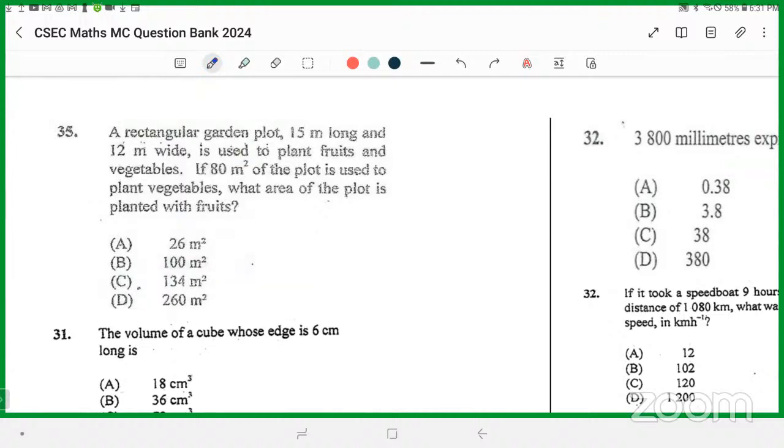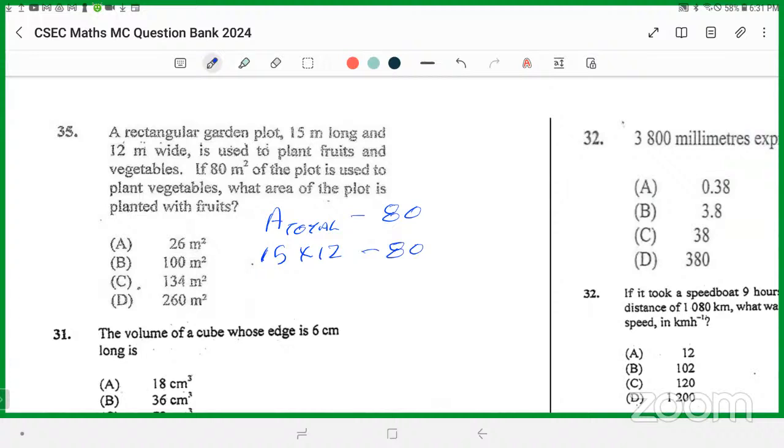Let's write it this way. Area total minus 80. That is the area that is used for planting fruits. What is the total area? Total area is 15 times 12. Subtract 80.